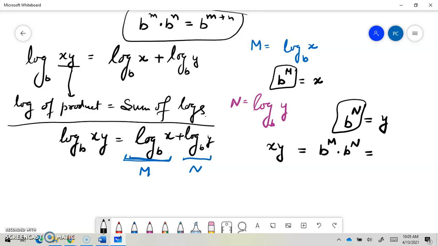So that is your exponential rule. That means the same base is there and the powers will add. Now we are saying xy is equal to b raised to power m plus n.